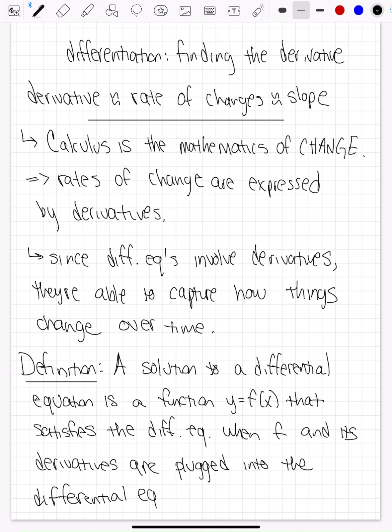So basically, when you plug in a function y and any of the derivatives that are in the differential equation, you should get a true statement.